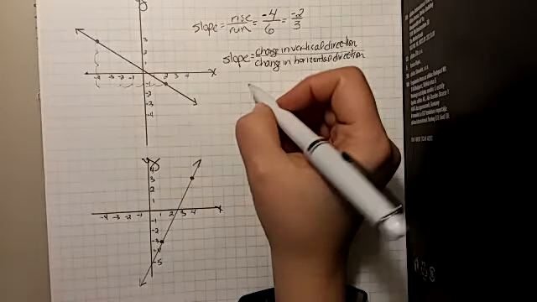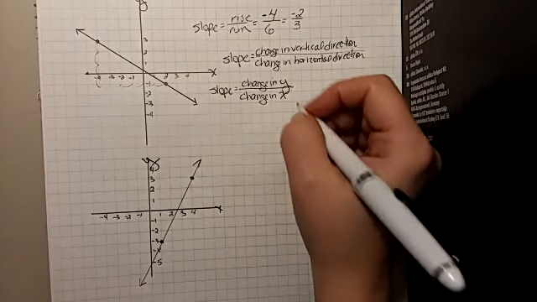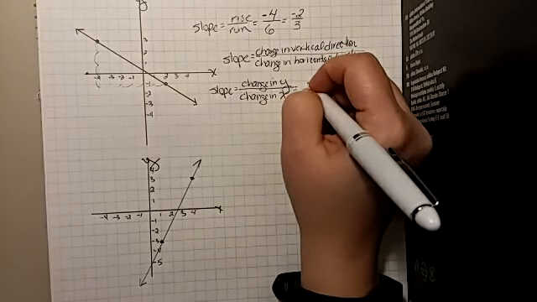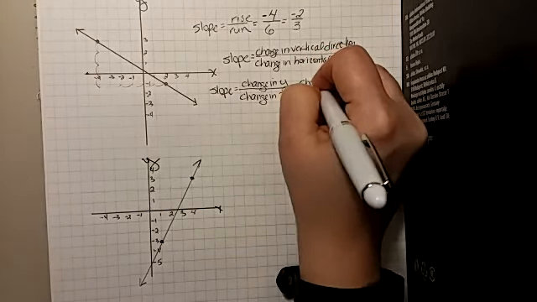Now, I don't want us to get so connected to x's and y's because it might not be x's and y's all the time. So this is also the change in output divided by the change in input.